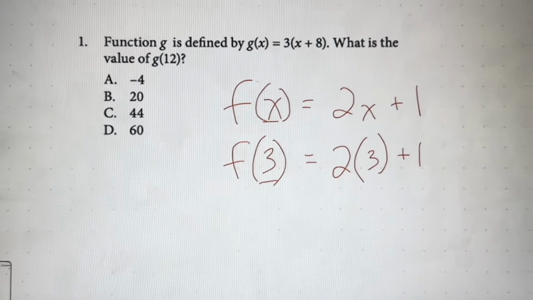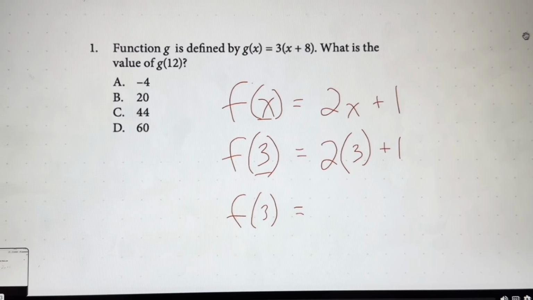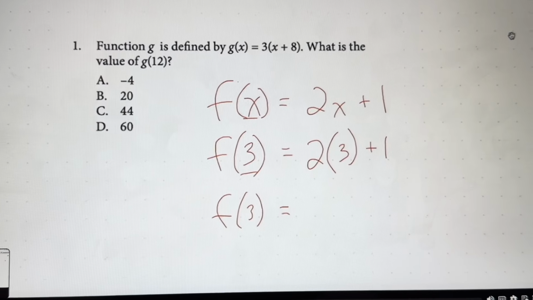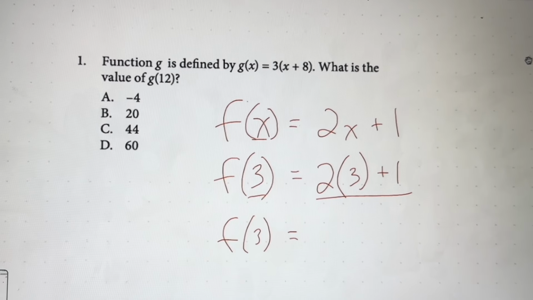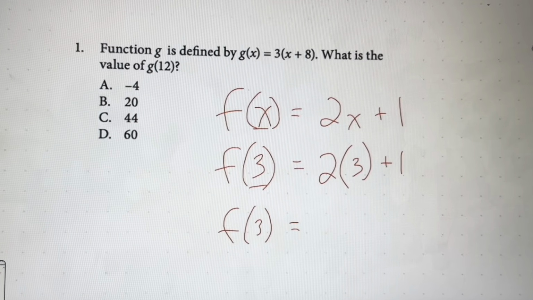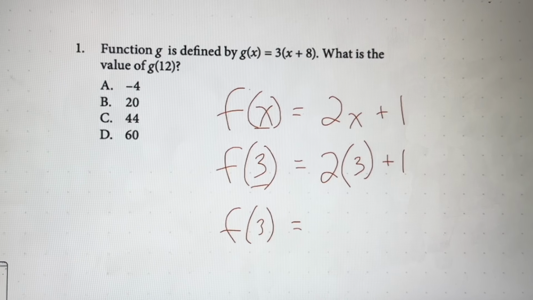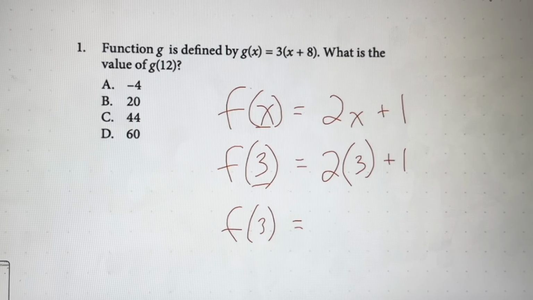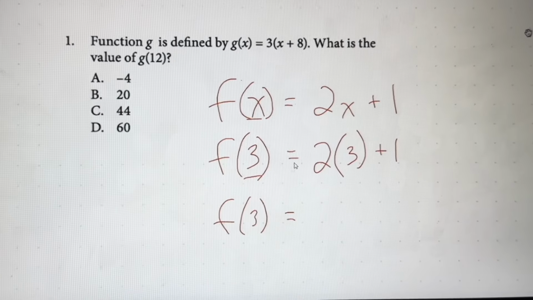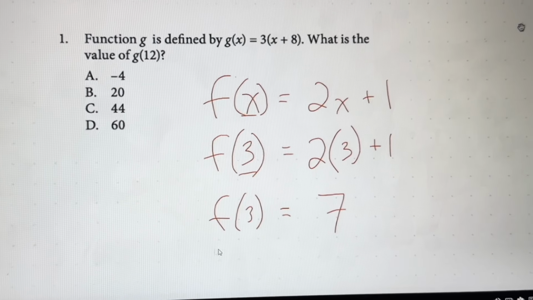So I would say f of 3 equals what? 2 times 3 plus 1, which is 6 plus 1. Yep, 7. f of 3 equals 7. Does that make sense? Yes.